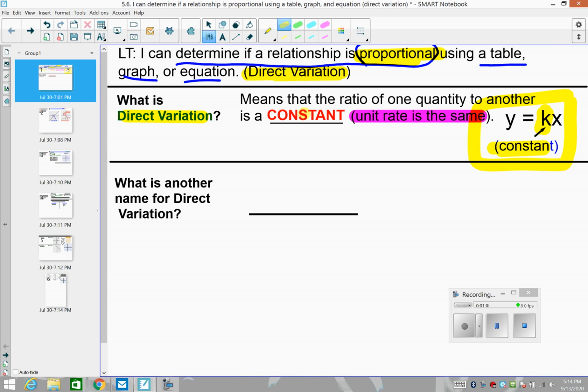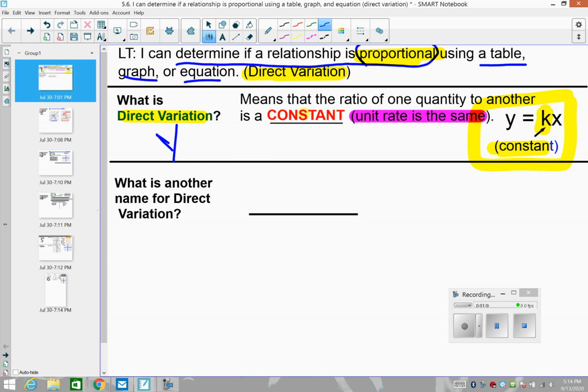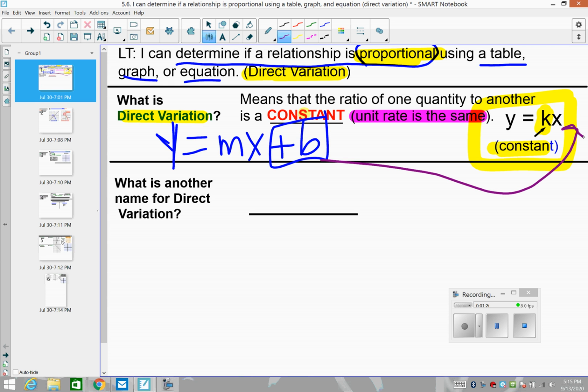You'll notice that if we come out of y equals mx plus b, something we just talked about, this b is really a plus 0 in that scenario. So you can see that we're not representing that there, which means that in order to be in direct variation, you have to be going through the origin. So your y-intercept would have to be 0. That's just a really good starting point for you understanding. And then this, of course, is your slope, or something known as the constant.